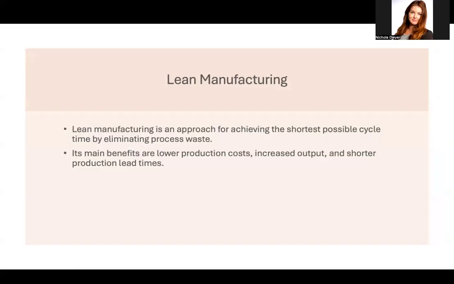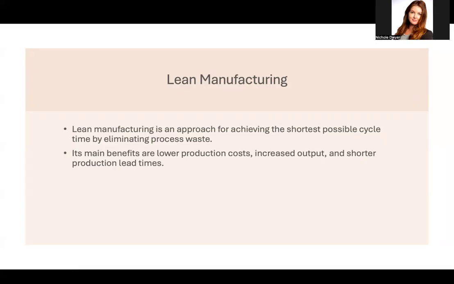Another aspect of production and distribution is a concept called lean manufacturing. Here, we're looking at how we can streamline and cut the fat off of our production processes so that we can eliminate as much overhead cost, carbon emission, and production waste as possible.